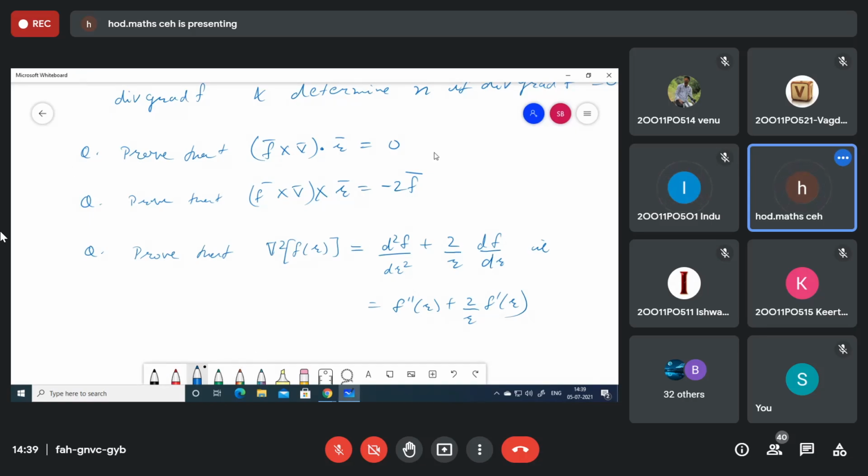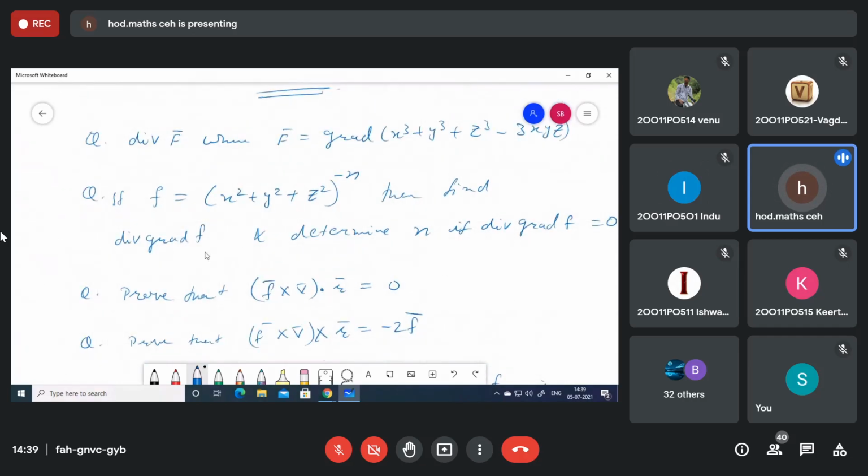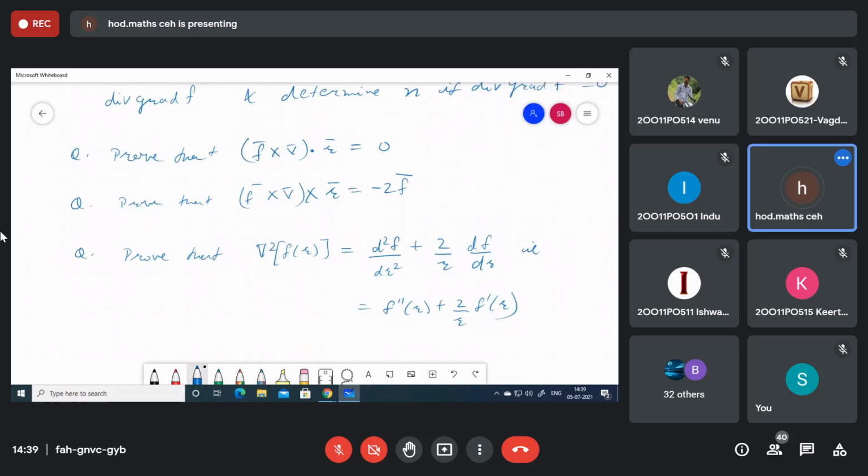Yes, ma'am. Okay, all problems. What about this one, done? If f is equal to x square plus y square plus z square whole to the power minus n. Done this problem? Or still doing? Ma'am, last question. Okay, anyhow, include them in the assignment book, solve them.